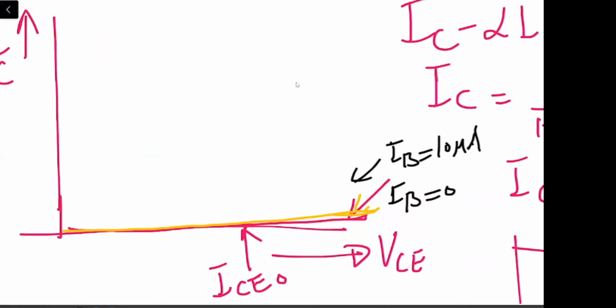So normally, the value over here is going to have the corresponding value in the collector circuit due to this. Why? Because we have another ratio over here, and this other ratio is normally called beta.